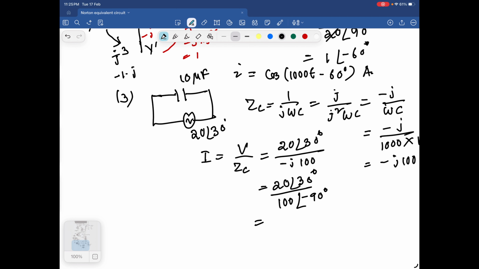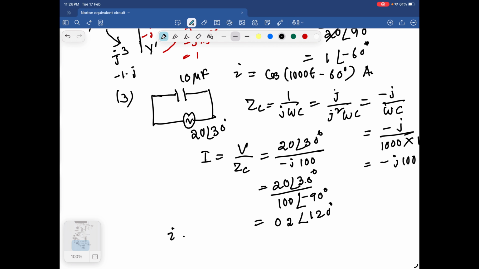20 by 100 is equal to 0.2, and 30 minus minus 90, so the angle will be plus 120 degree. So in case of capacitor, current leads by plus 120 degree.